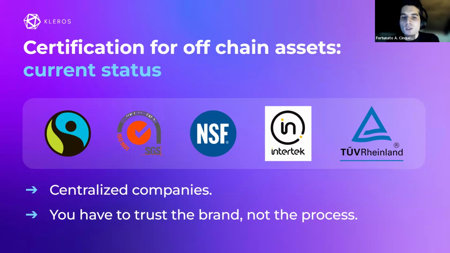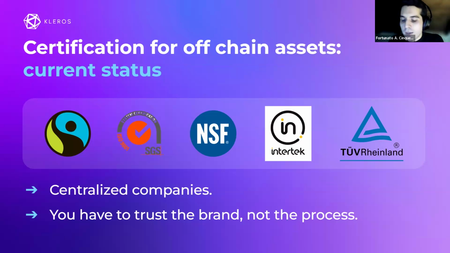And as a final user, you can just say, okay, I trust this brand. I have no idea how they certified this product. I have no idea what the process was, what kind of data they have. And they issue the certification. And also, as Mike and Dennis suggested, in some cases, it's done just for money. There isn't a proper verification and certification behind it.